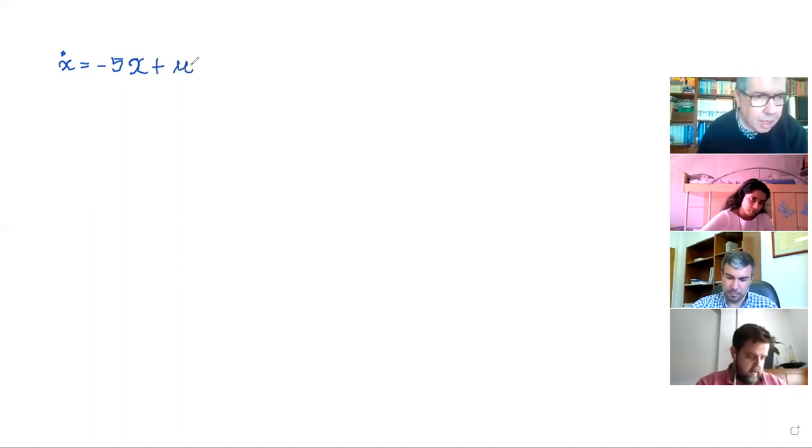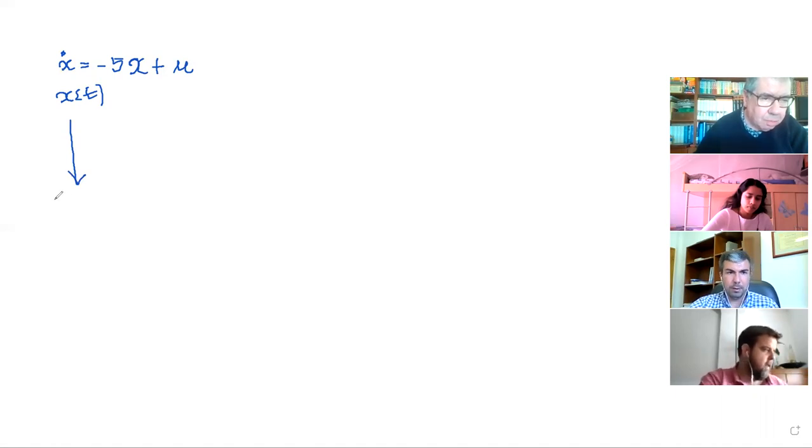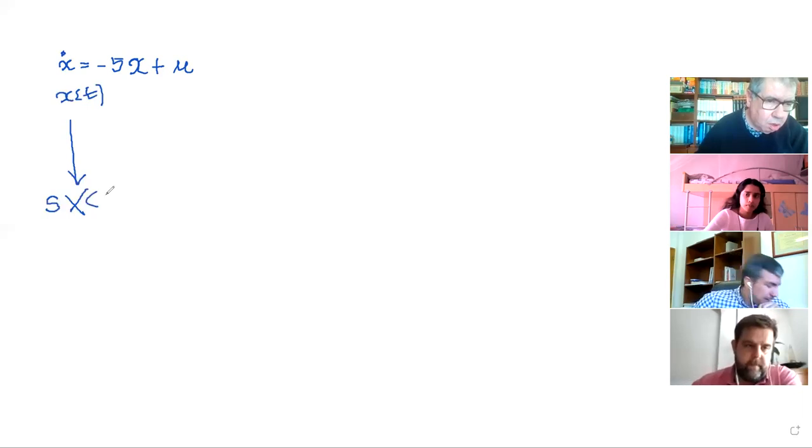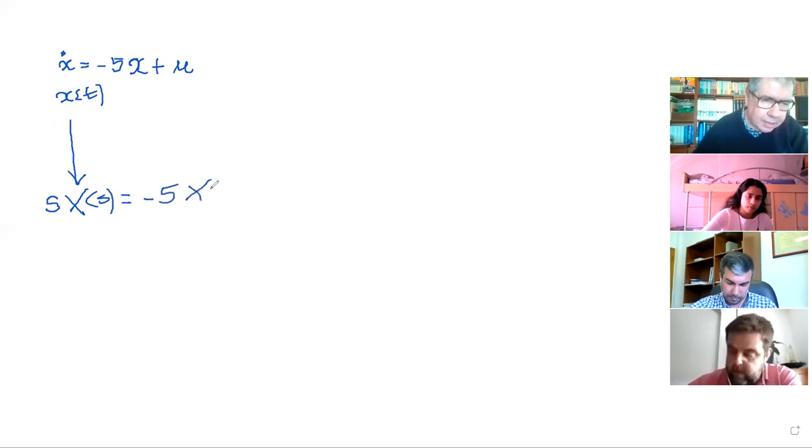Okay, and then you pass this to the S domain. Here we are in the time domain, and we pass to the S domain where the derivative is just multiplied by s. And this becomes minus 5s x of s plus u of s.